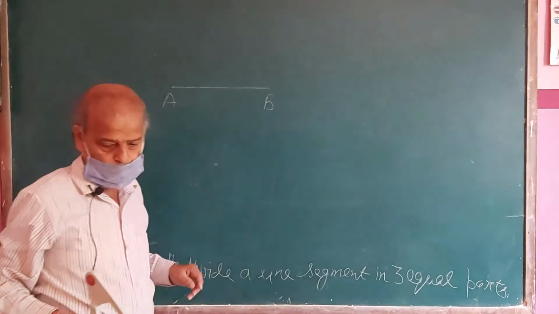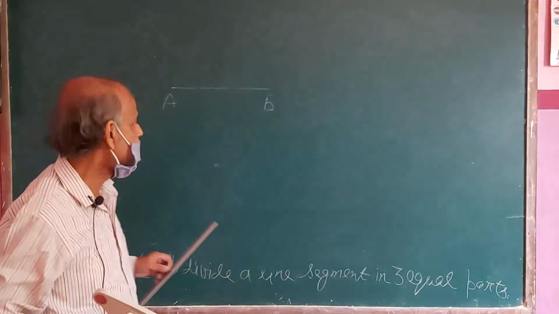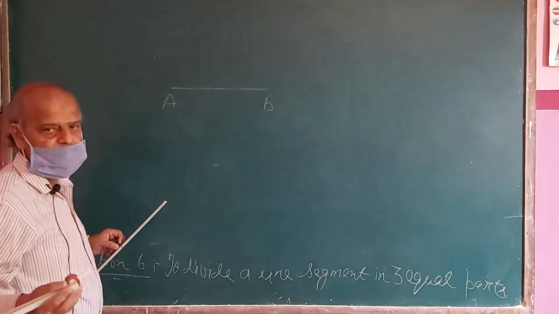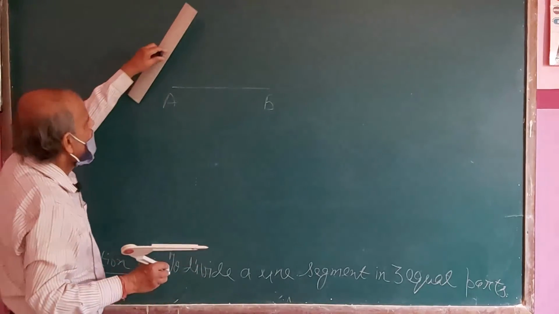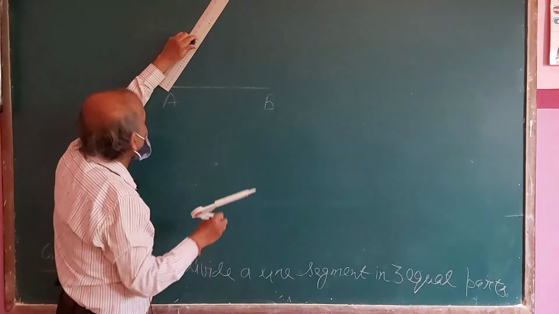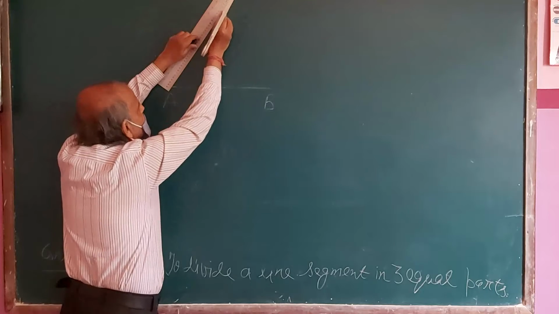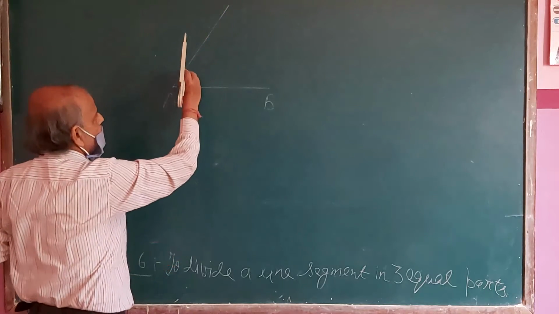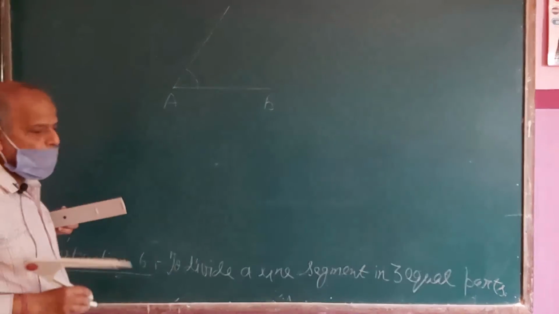You come to point A and make an acute angle. It may be 60 degree or any, but it should be an acute angle. Suppose I am making this angle. This is your acute angle.